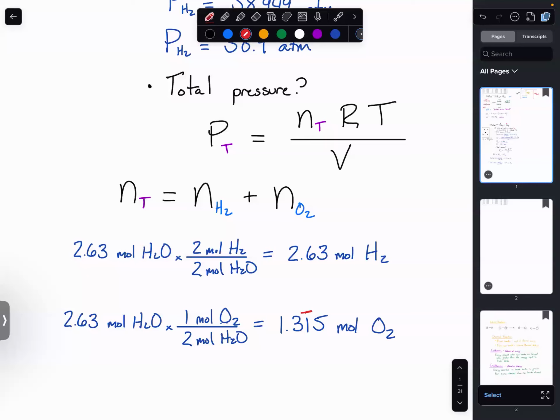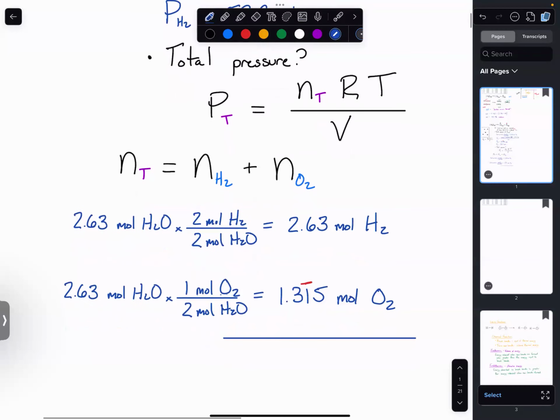Okay, so then my total number of moles here would be, what, I sum them both up. I'd get 3.945 moles total. And I'm going to be good and mark my sig fig here in that 10th place because this was an addition problem.